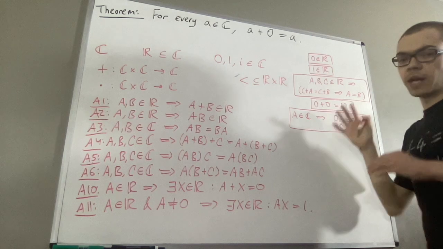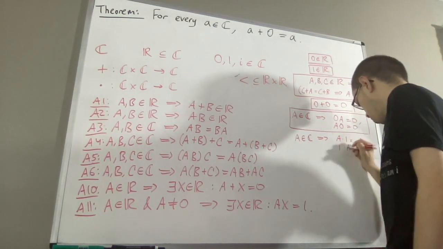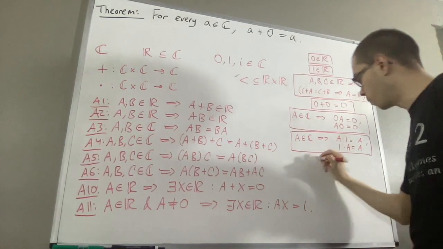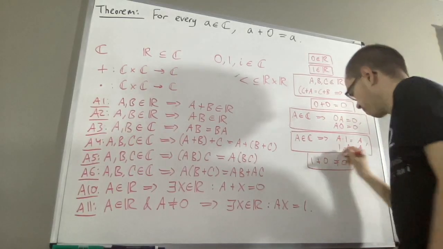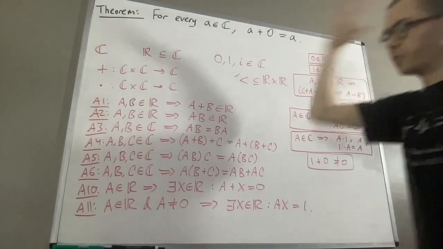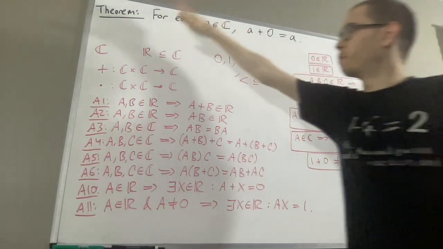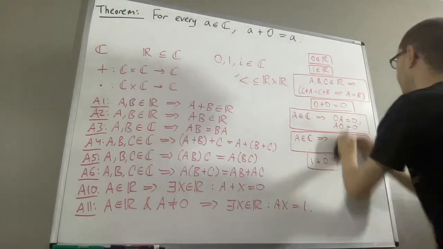For every complex number a, 1 times a is equal to a. We've also proven that 1 plus 0 is not equal to 0. So, now, with this in mind, let's prove for every complex number a, a plus 0 is equal to a.